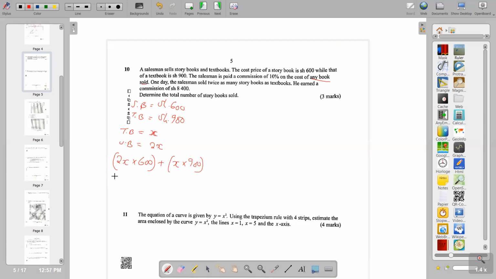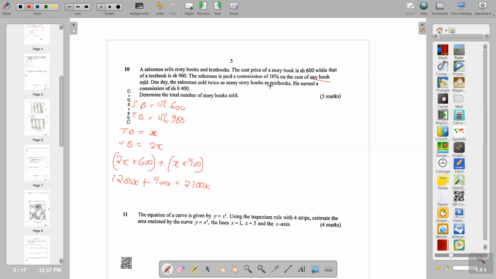So when I add this, I'm going to have 1,200X plus 900X. So we're going to get 2,100X. Now this is the total amount that he received from selling 2X and X books.